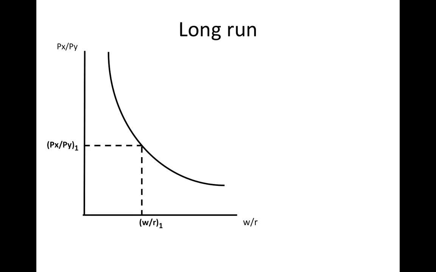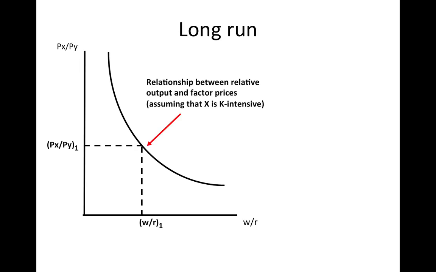And imagine that we start out with an original relative price of X, so Px over Py, 1. So this is the original price, and we have an associated cost of labor and cost of capital, an initial wage-rental ratio. And imagine that there's something that has caused the relative price of X to go up.